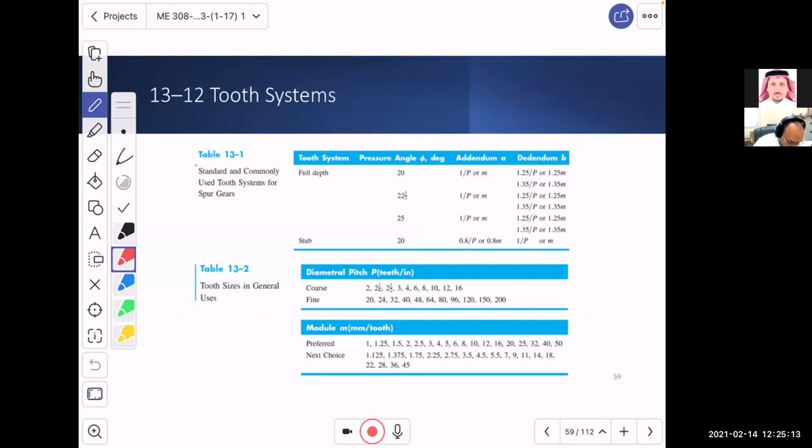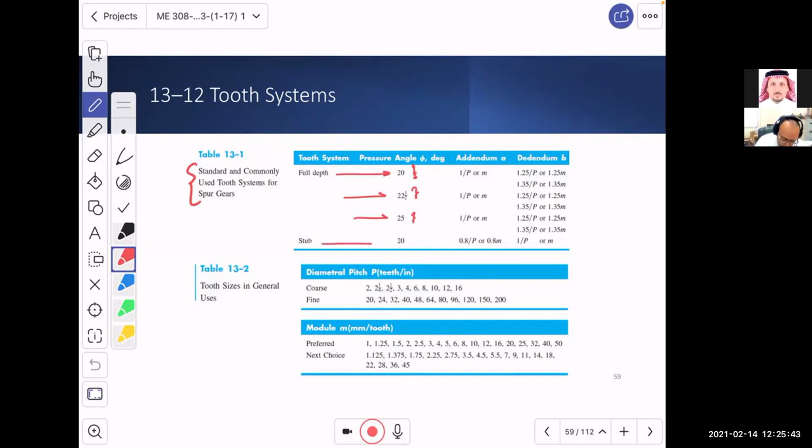If you look here, we have standard and commonly used tooth systems for a spur gear. It's the famous spur gear. For full depth, we have all of these. You see the pressure angles? 20, 22.5, and 25. I told you once, as it says in the book, that once upon a time 14.5 was a common angle, but now it is 20, 22.5, and 25.